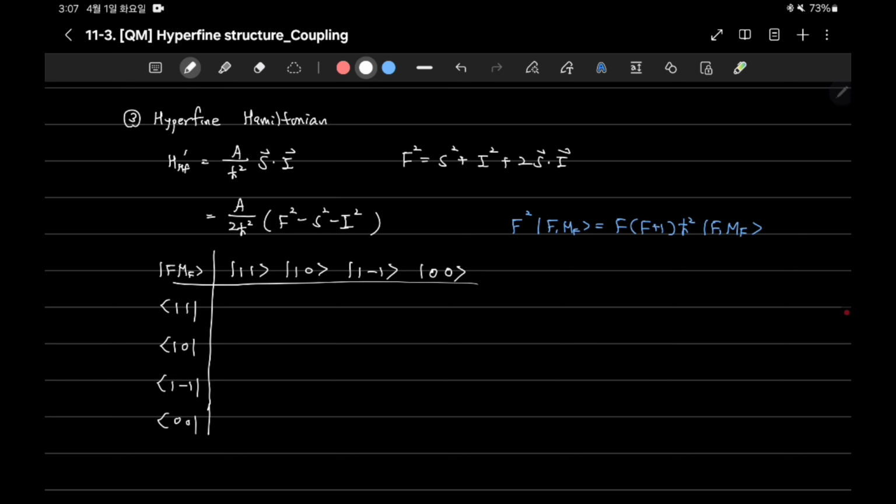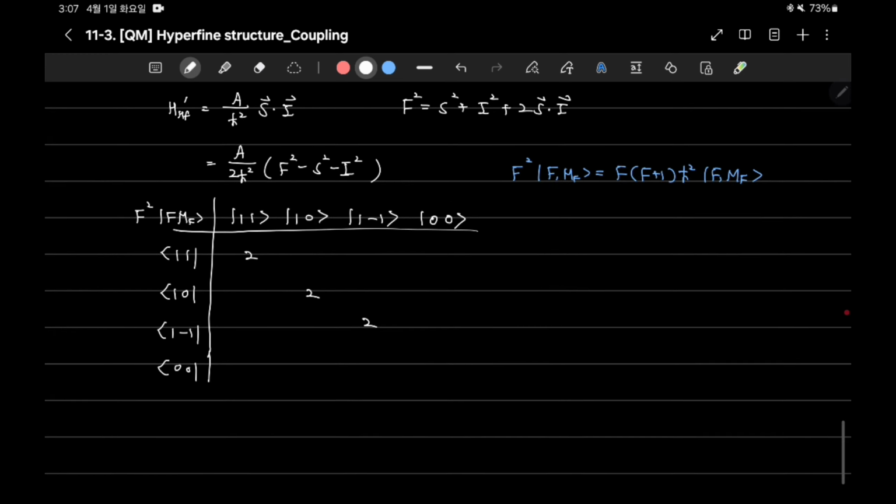From this relation, when you apply f square in the f equal to 1 case, it is 1 times 2, so it is 2, and for the singlet this term is 0, so it is 0.